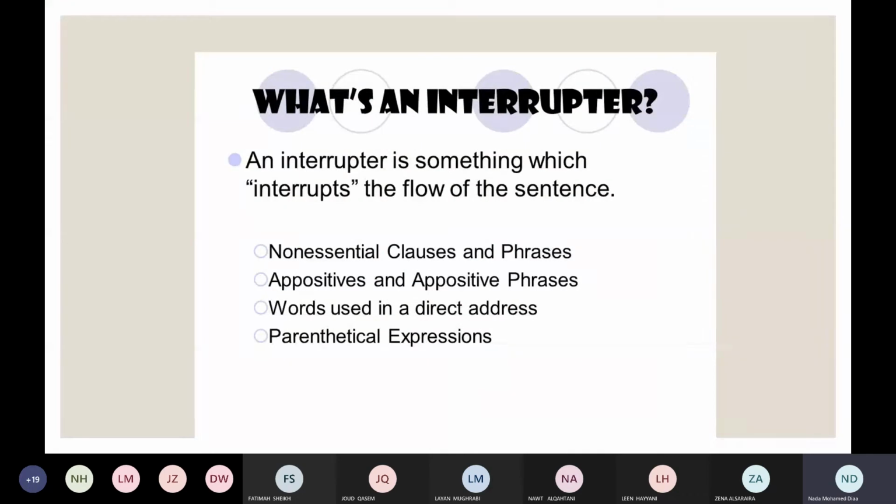Now, we start to solve page 248. Lina Ammar. Lina Ammar, number 1.